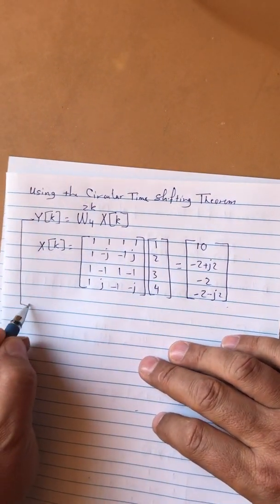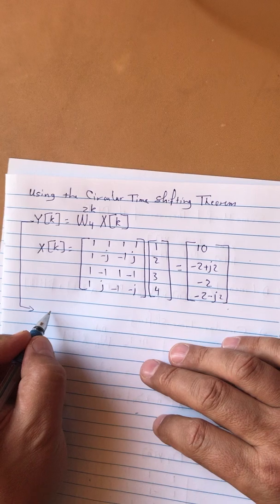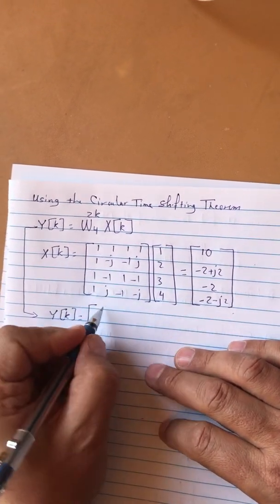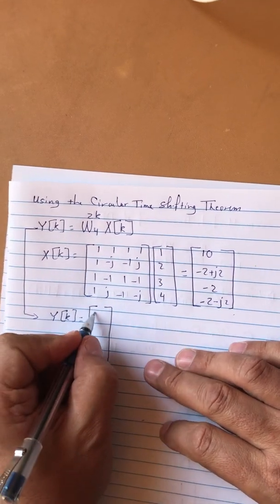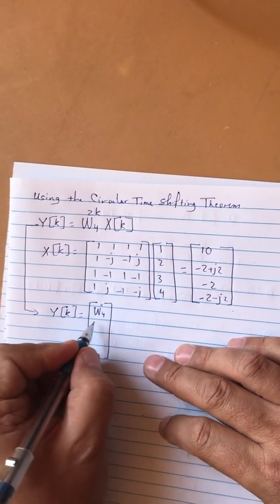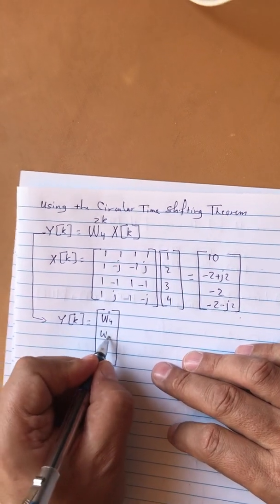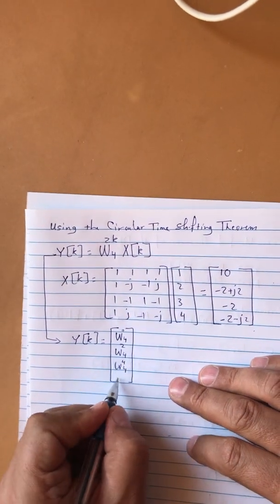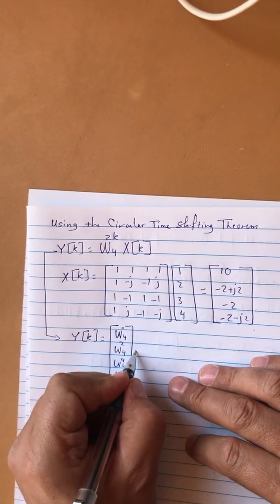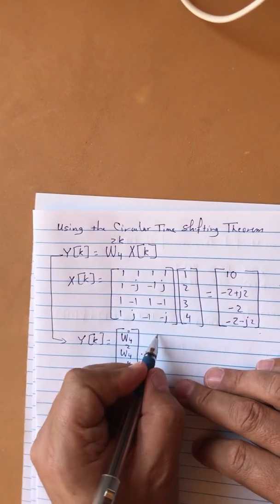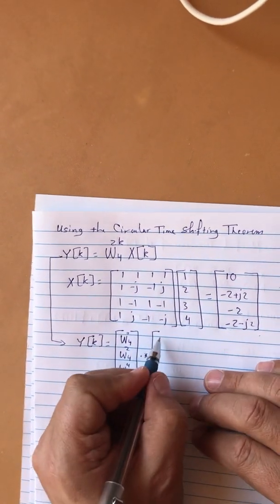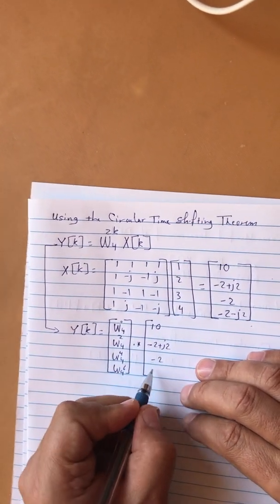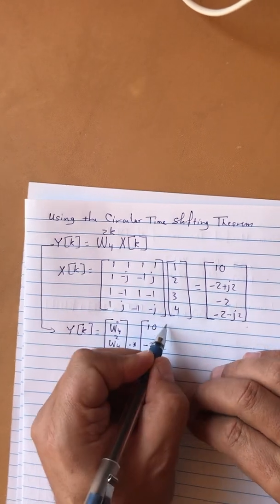Taking this, y of k is equal to W sub 4 to the power 0, W sub 4 to the power 2, W sub 4 to the power 4, and W sub 4 to the power 6. This is point by point multiplication with 10, minus 2 plus j2, minus 2, minus 2 minus j2.